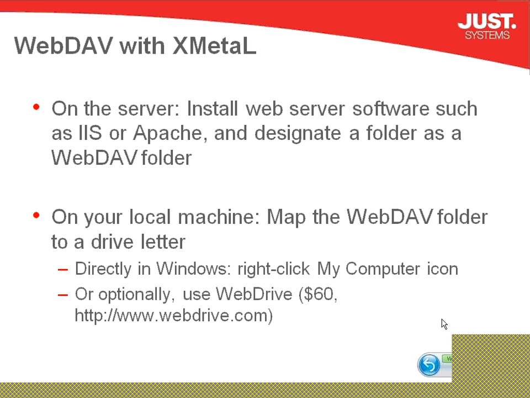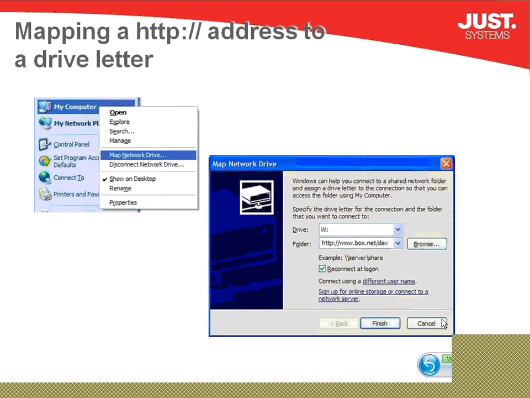Windows has kind of varying support for WebDAV. There's a few holes in Windows support, especially earlier versions of Windows. You can set up WebDAV directly in Windows, but we also hear that this product called WebDrive gives people some better results for certain cases. If you do want to use just the Windows drive mapping, what you can do is right-click the My Computer icon and put a URL in here to map that URL to a drive letter.